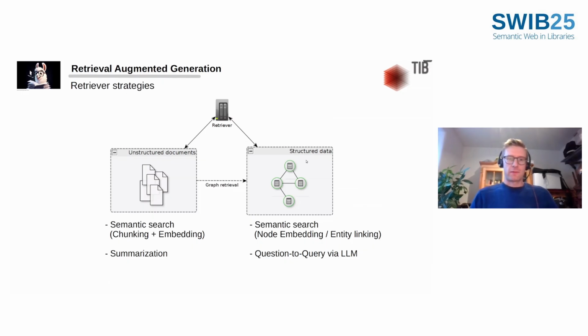So in every context where we have structure in our data, we need to handle both of these, or our retriever needs to handle both of these. And also we need some methods to transfer unstructured documents into structured data, like for example, a knowledge graph retrieval out of a corpus.